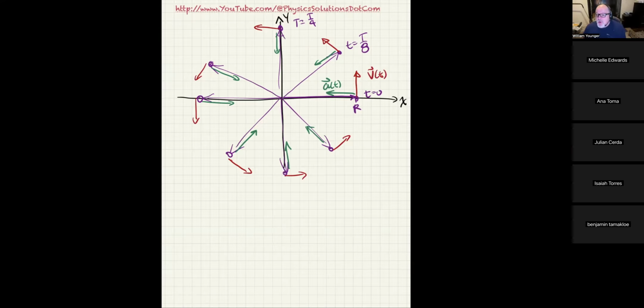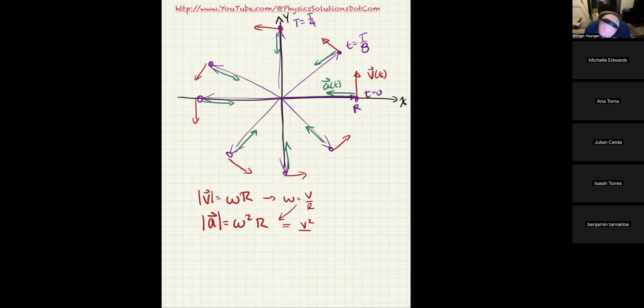Okay. Now, if you do all that, what you'll discover is the magnitude of A is actually equal to omega squared times R. And when you calculate the V magnitude, you're going to find that that magnitude is omega times R. So that tells you, for instance, that omega would equal V over R, and you can plug that in here, and you'll get V squared over R squared times R, which equals V squared over R. And that is what we call our centripetal acceleration.